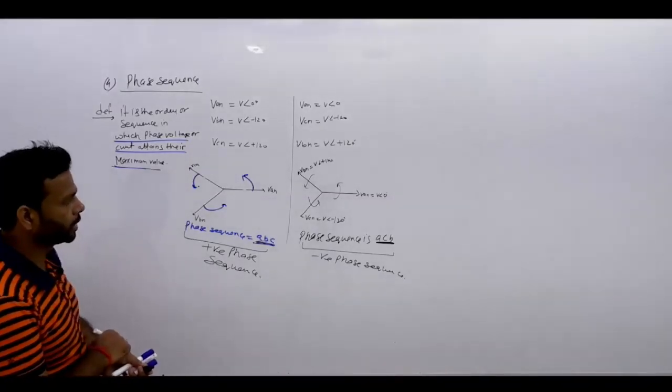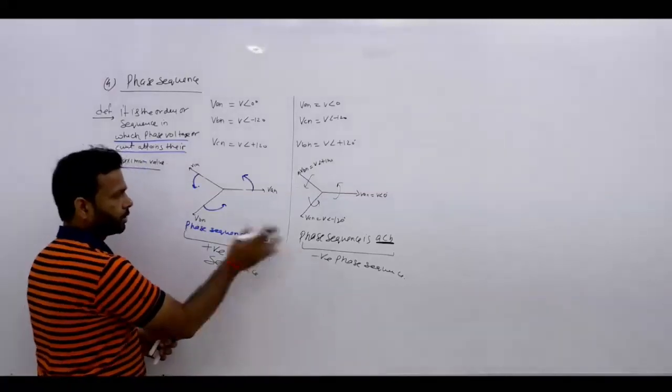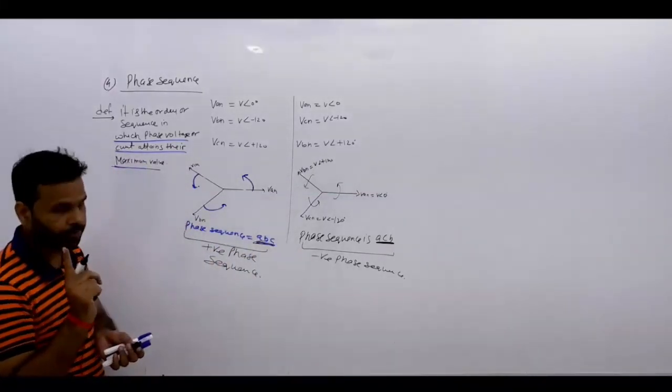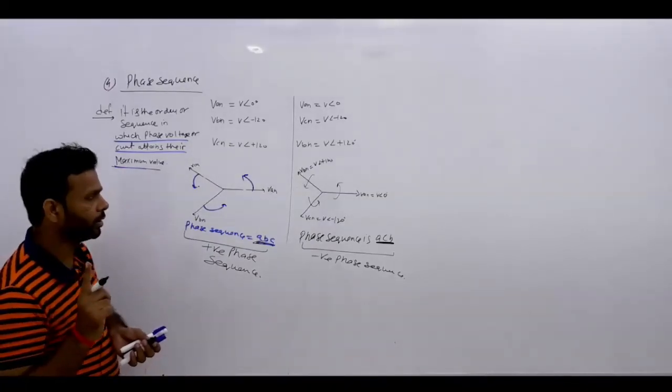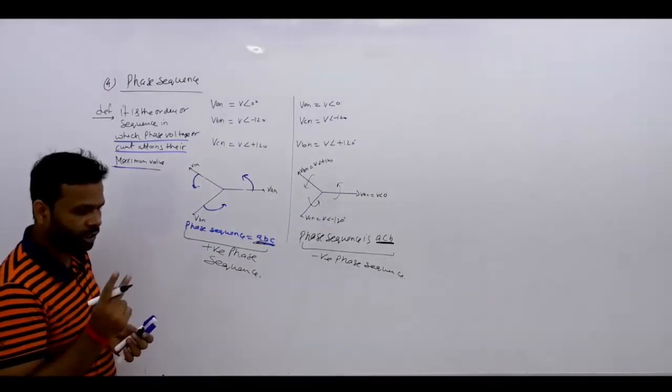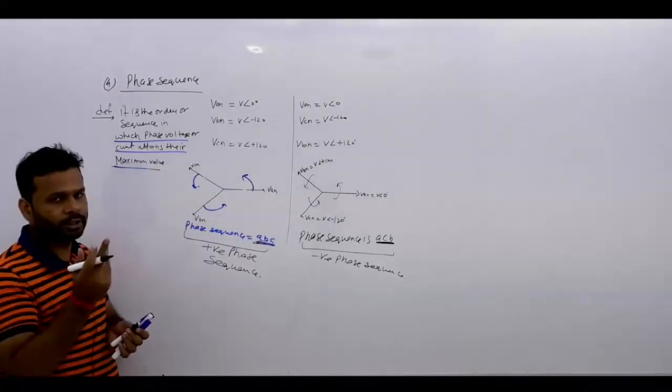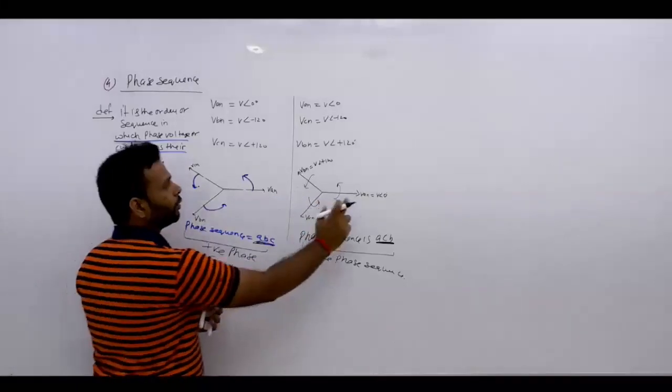Now how can we convert a phase sequence from negative to positive? The phase sequence can be reversed, first thing, by changing any two terminals of the coil or phases with respect to your reference. See the diagram.